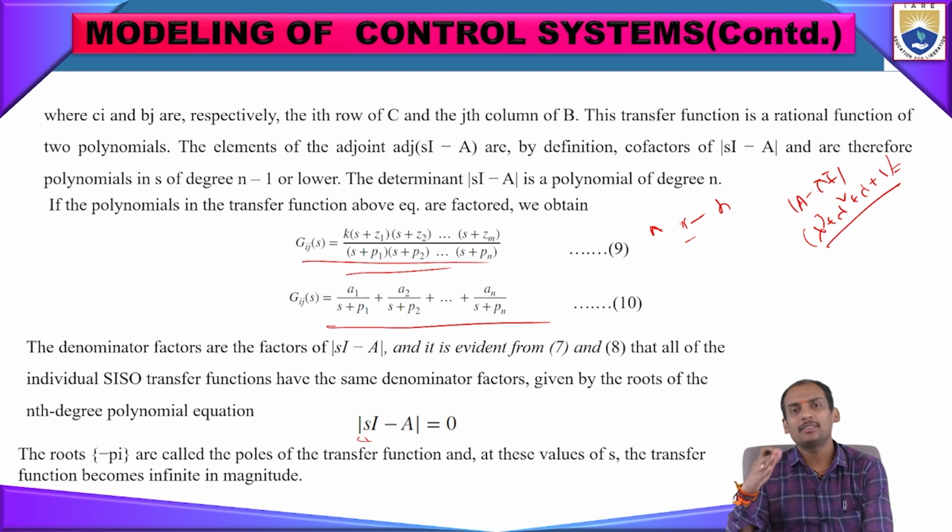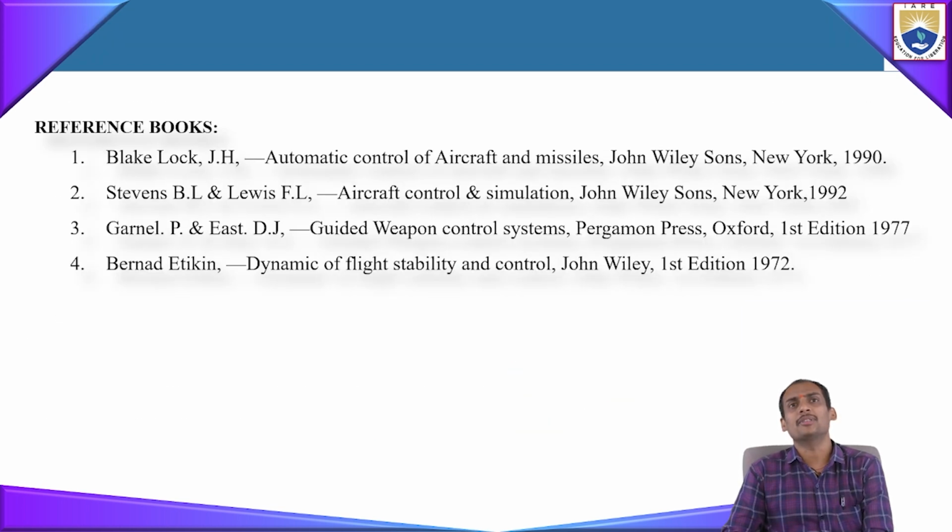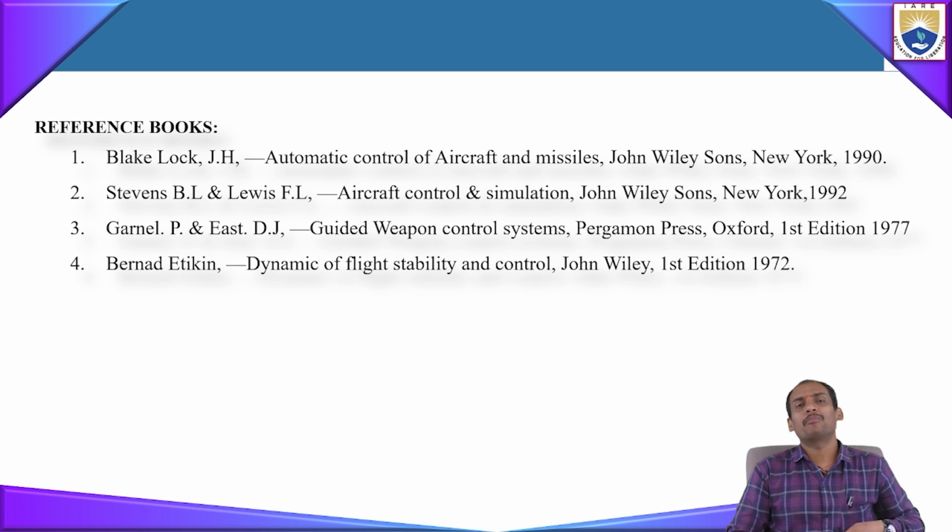From that state space function, you need to know how the transfer function is obtained. Once you know that, you can design one in the integrator circuit. That integrator will give you the desired input required for operating this system. So this is all about this video, part 2 of modeling of system.